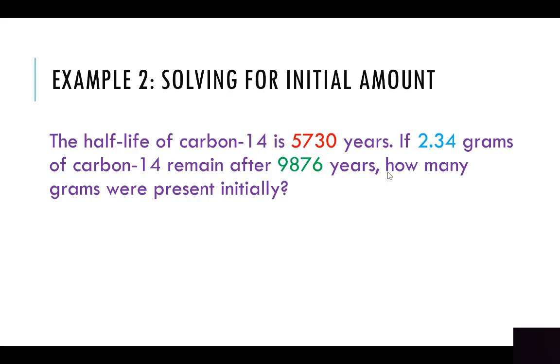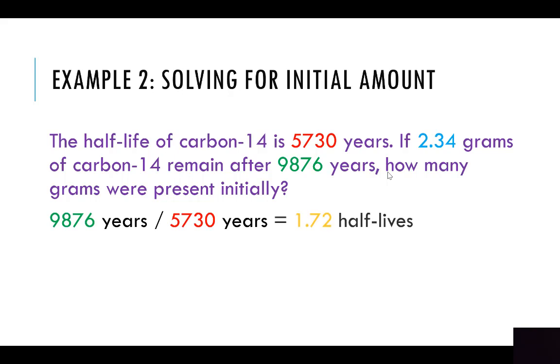Anyway, if 2.34 grams of carbon-14 remain after 9,876 years, how many grams were present initially? So if we tried to divide, we see we don't have a whole number of half-lives. We are somewhere in between 1 half-life and 2 half-lives. So it is important that you do this first step and find out exactly how many half-lives have passed by dividing one into the other.